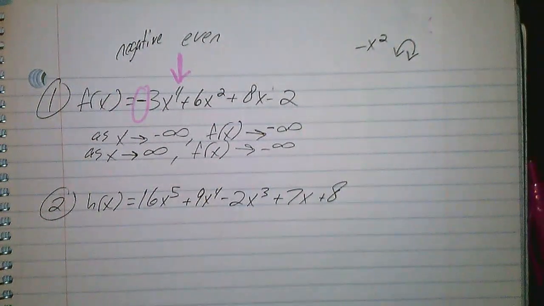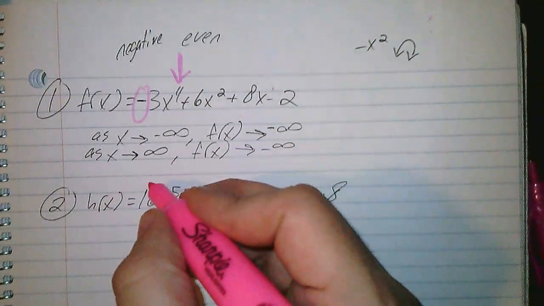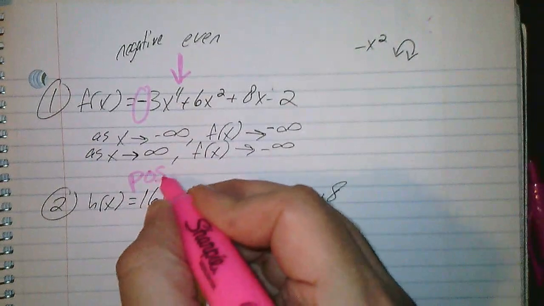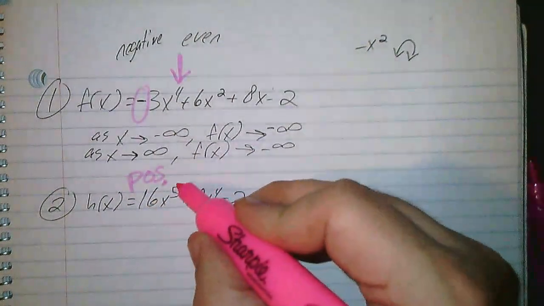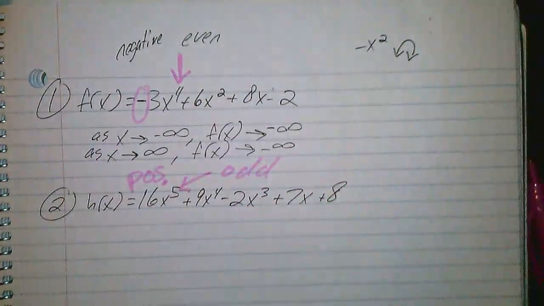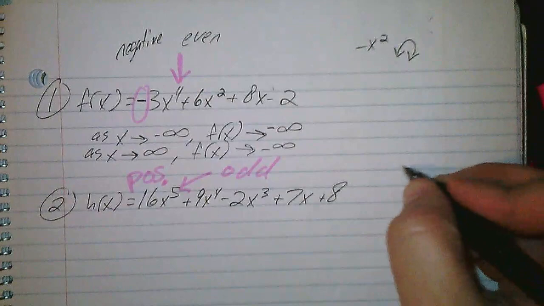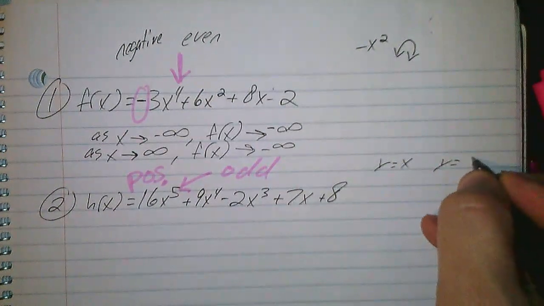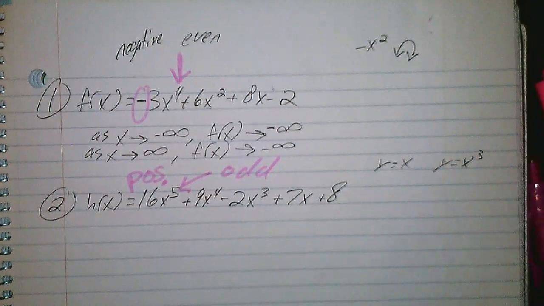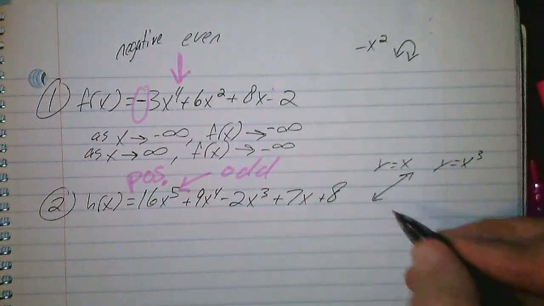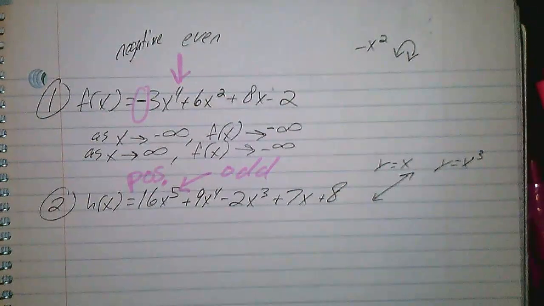But what determines end behavior is the fact that we are positive and the fact that we are odd, which is something like y equals x or y equals x cubed, a line that goes up from left to right.